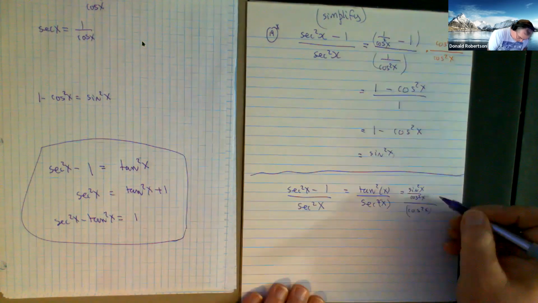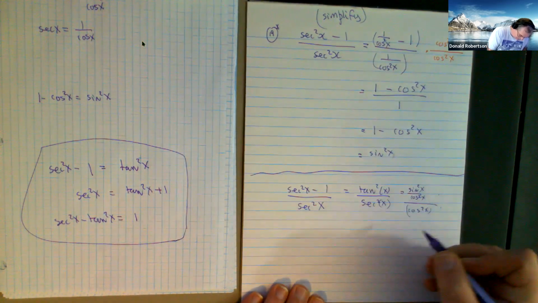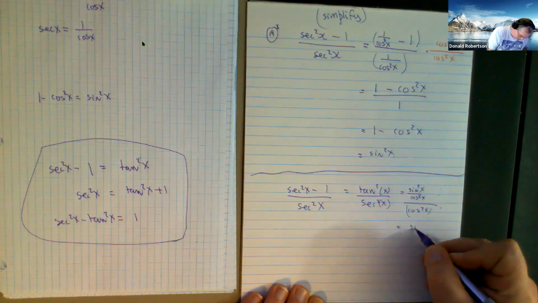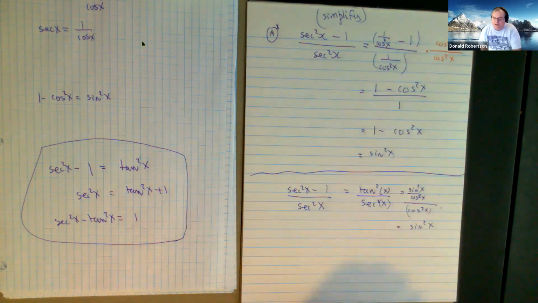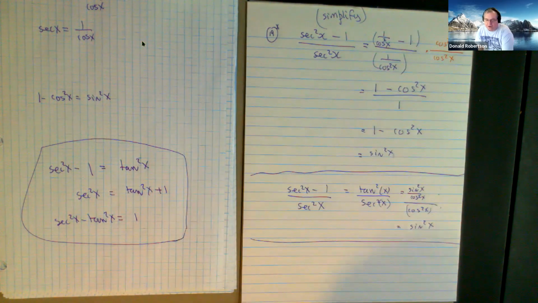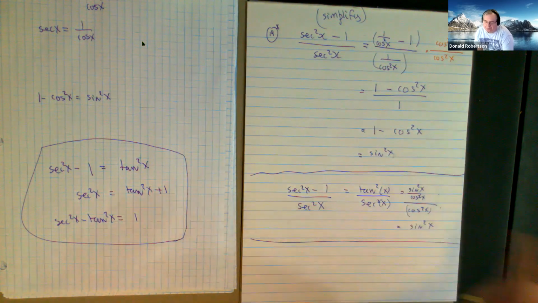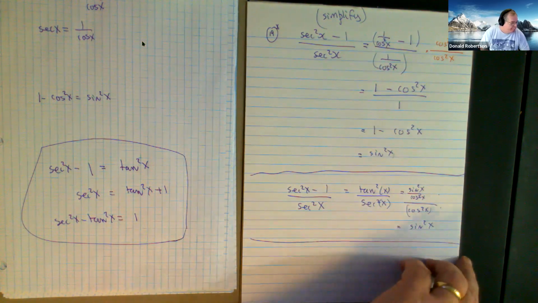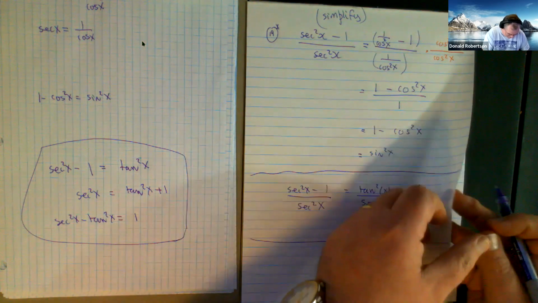And then if you look at these two guys, they cancel. And guess what? You get sine squared x again. And if I thought about it, I could probably come up with another version of how to do this question. Right. Let's pick another simplify one.